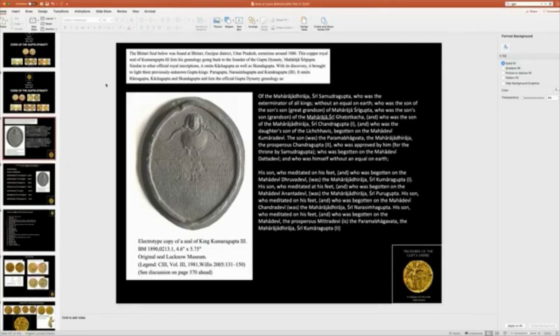Now, the reason this is important is, as numismatists, we can make assumptions on who issued a coin, which coins were issued, and in what sequence. But when we find such seals and inscriptions, this gives us the data, the information, based on what the kings of that time were trying to tell us.